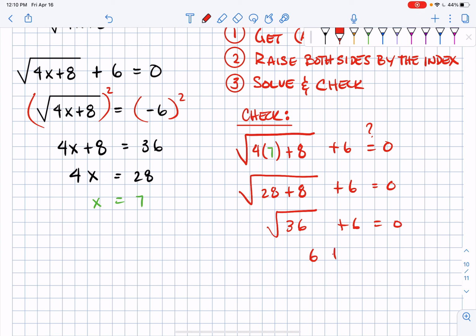Is 6 plus 6 equal to 0? No. Since that's a no, we're going to have to reject this particular answer. Therefore, since there's no other choices, my answer would be no solution, which is choice A.